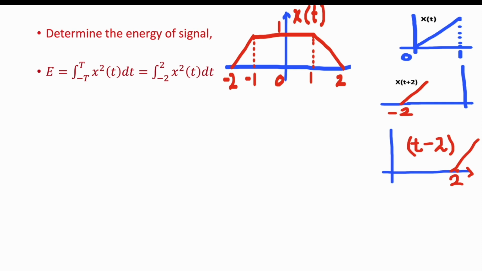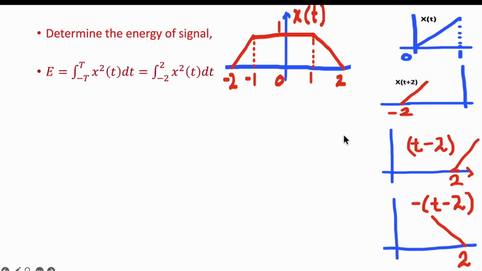On the other side, you can say that it is a shifted version as well as a reflection, which we have already done. So you can represent that using minus t minus 2, and you can represent this side using the reflected ramp function, reflected and shifted on the right side.